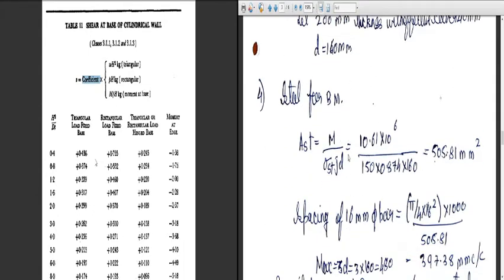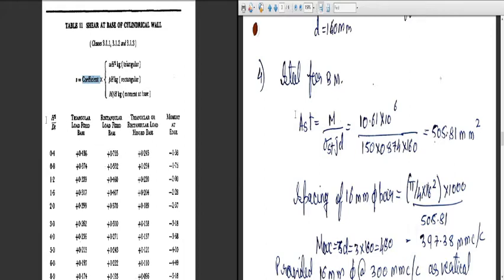So steel for the bending moment. AST, area of steel, is calculated as M upon sigma ST J into D. So 10.61 into 10 raised to 6 divided by 150 into 0.874 into 160, which is giving out 505.81 mm square. So let us calculate the spacing, considering 16 mm diameter bars.